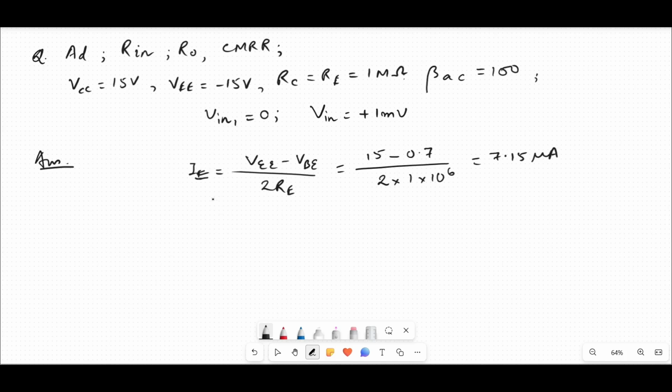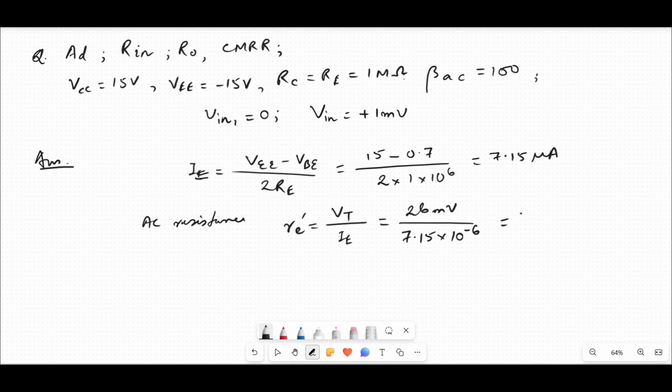Okay. Now let's determine the AC resistance. AC resistance is given by RE dash equals VT by IE. VT at room temperature we know is 26 millivolt and IE we have obtained as 7.15 microampere.